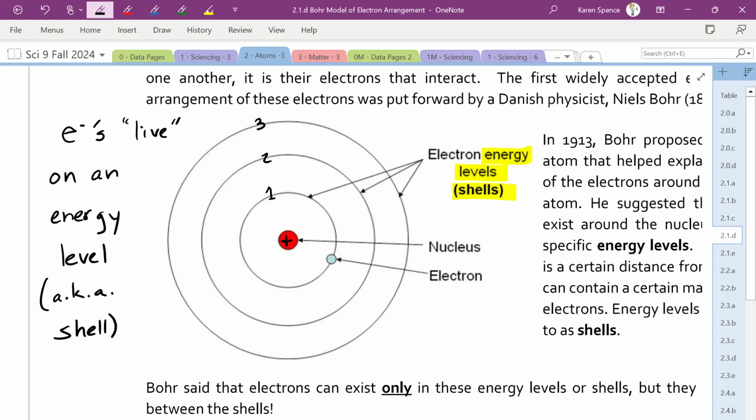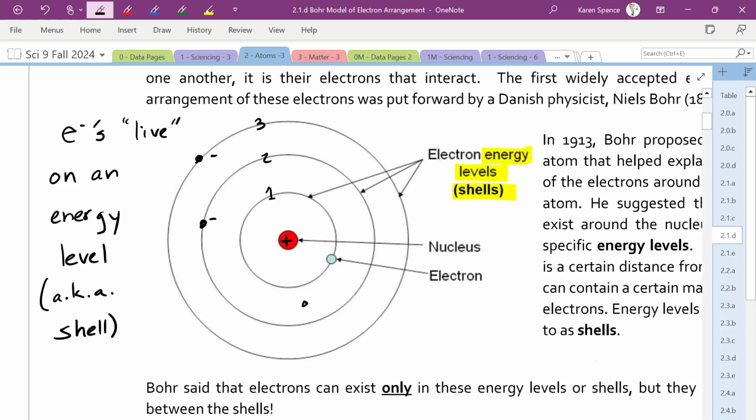And what Bohr said was really, really interesting and weird, okay? He said electrons can only exist on those shells. And this doesn't sound weird yet, but bear with me, it will get stranger. So you can have an electron here, or you can have an electron here, but you cannot have an electron in between the shells.